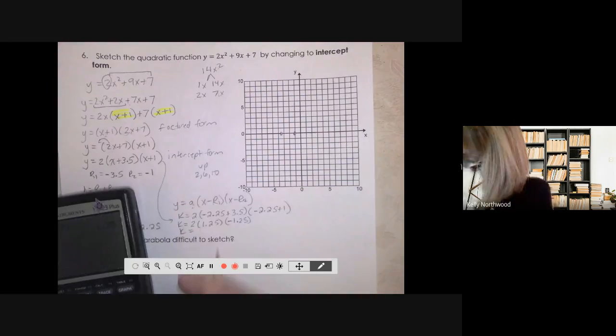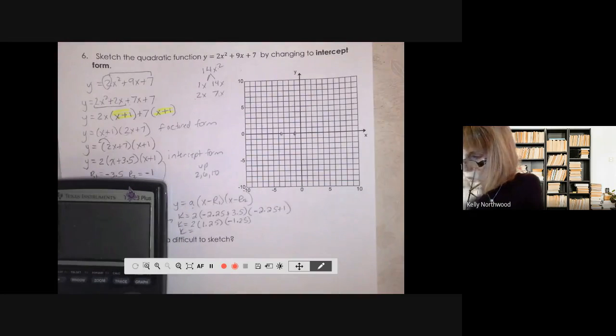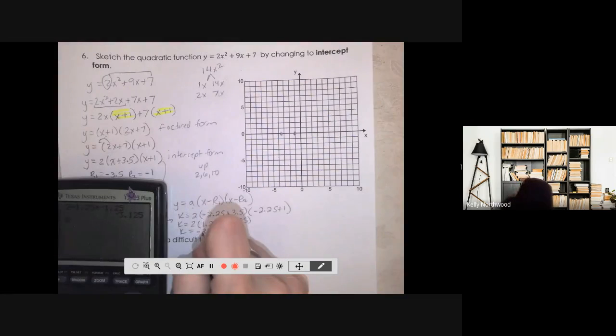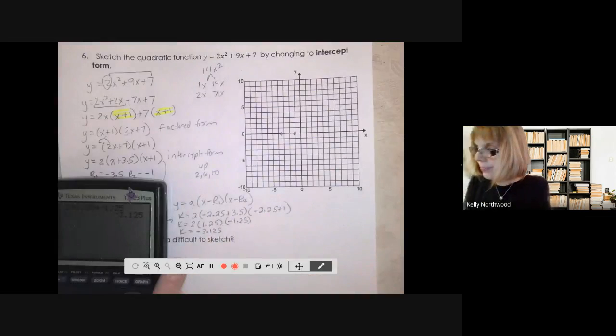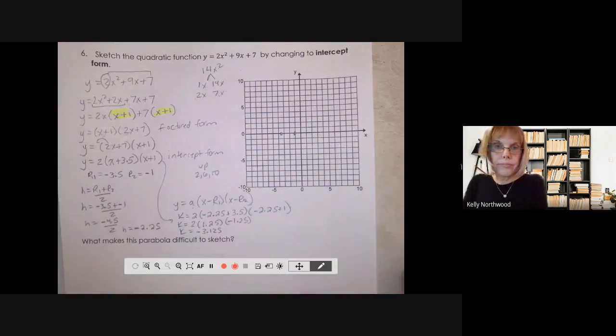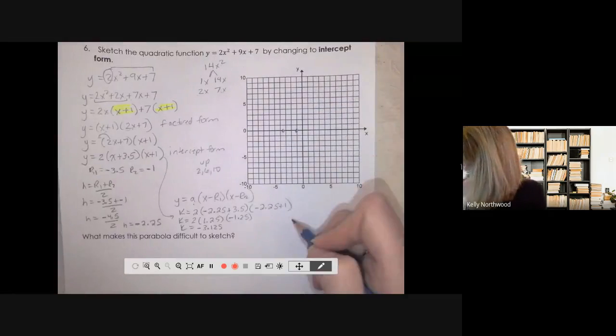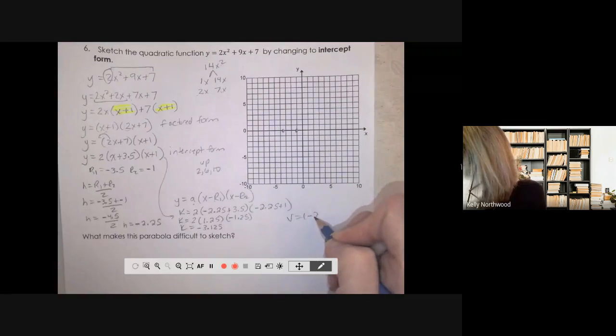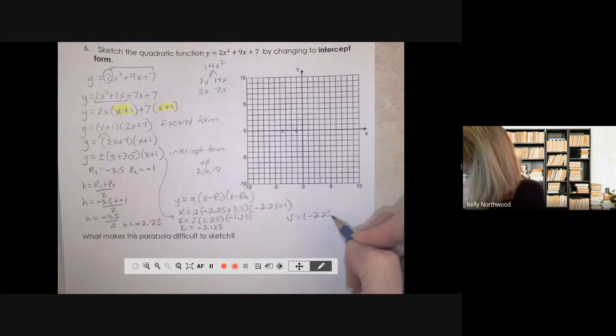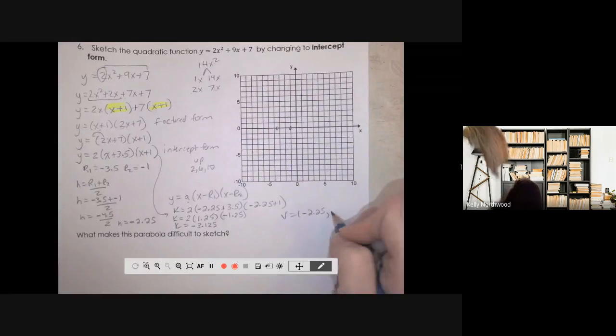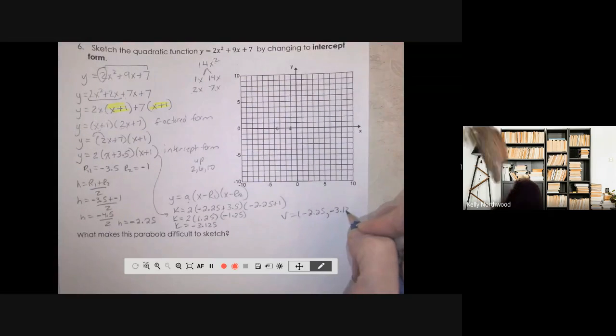Then multiply those three numbers together. So 2 times 1.25 times negative 1.25 is negative 3.125. So that means my vertex is at negative 2.25, negative 3.125.